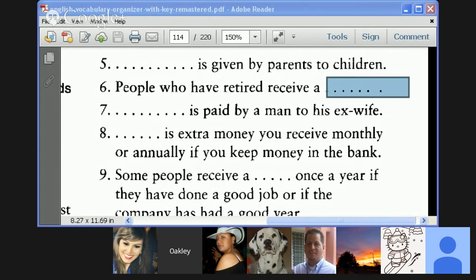I think that amount is like, I don't know, $1,200, $1,500, something like that. It is way below what you actually need to survive. Anyway, that's Social Security.